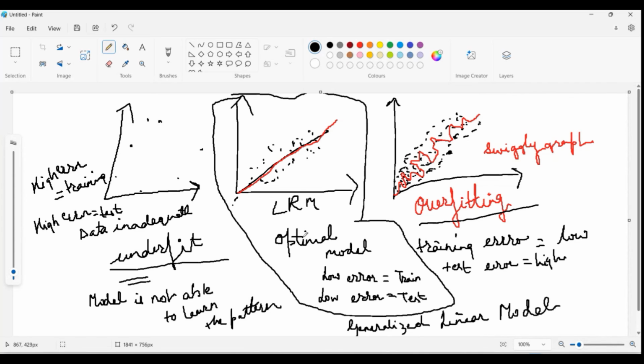So basically, our aim should be to get an optimal model or a generalized linear model where your error in the training and the testing data set should be low. And to make the overfit model an optimal model, we can use a technique known as regularization.